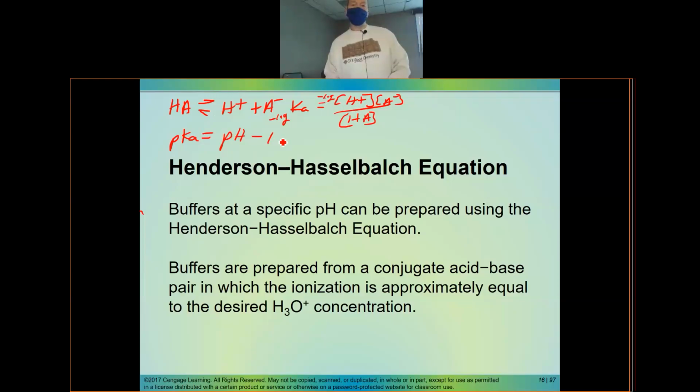And we still have the negative log of A minus over HA. Then we solve for pH, so Henderson-Hasselbalch solves for pH. We add the log of A minus over HA to both sides, and you have your final answer, which is pH equals pKa plus the log of A minus over HA.